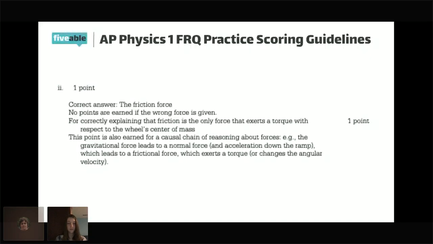So yeah, basically correctly explaining that friction is the only force that exerts a torque with respect to the wheel center of mass. And you could either just say that that's the force that causes it. I think it's more rigorous in a way to rule out the other forces. Because if you have something that has to be causing a torque, and you have 3 forces, and 2 of them can't cause a torque, then the third one has to cause a torque.